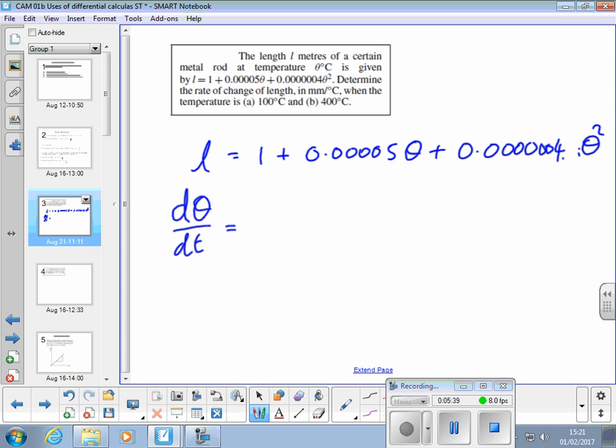The differential of 1 is nothing. The differential of all that is 0.405.